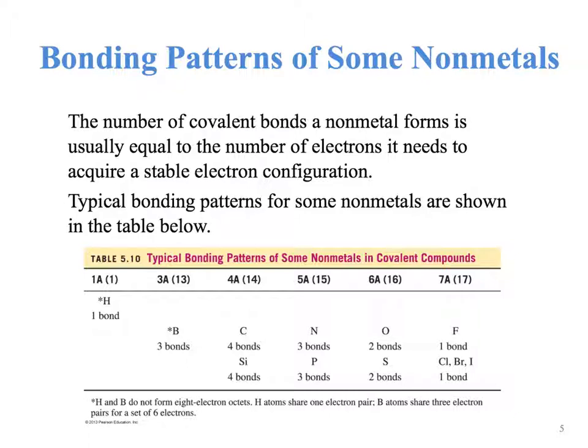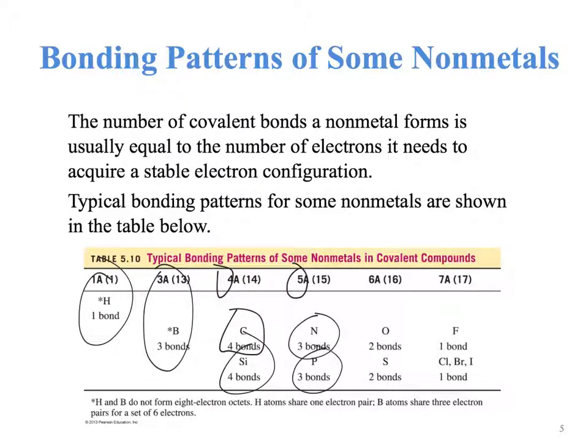The bonding pattern of some nonmetals is going to be based on where they are located in the periodic table. For example, hydrogen likes to make 1 bond. Boron is an exception, it likes to make 3. Carbon and silicon are in group 4, so they like to make 4 bonds.